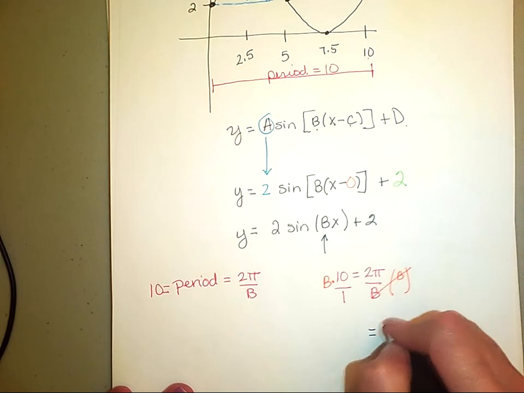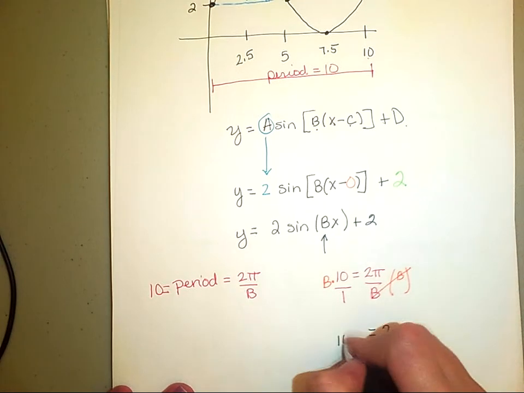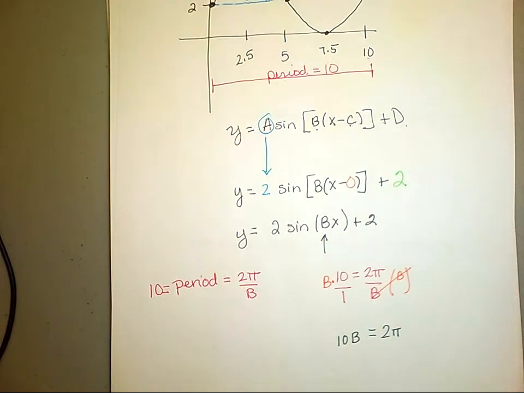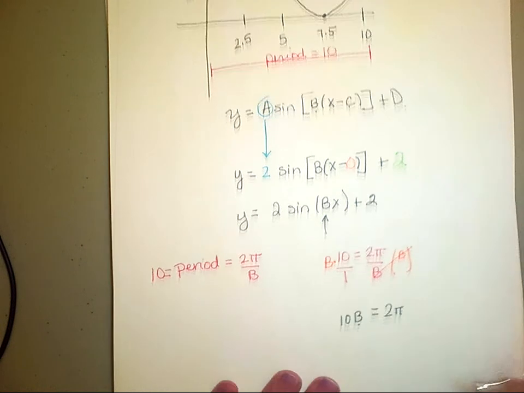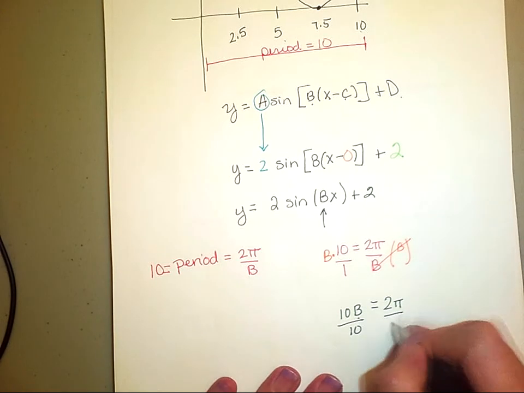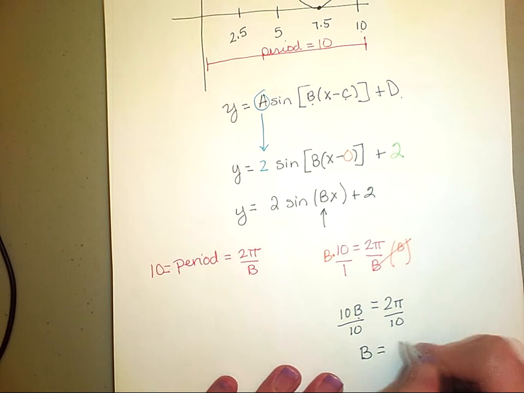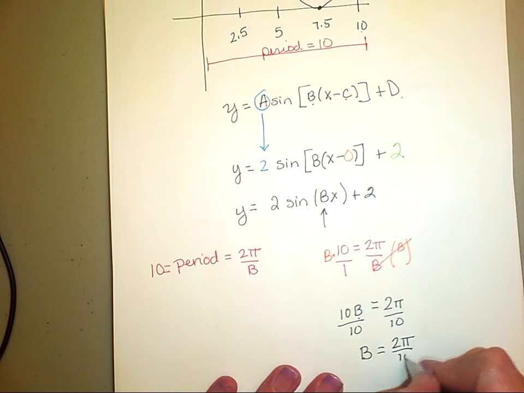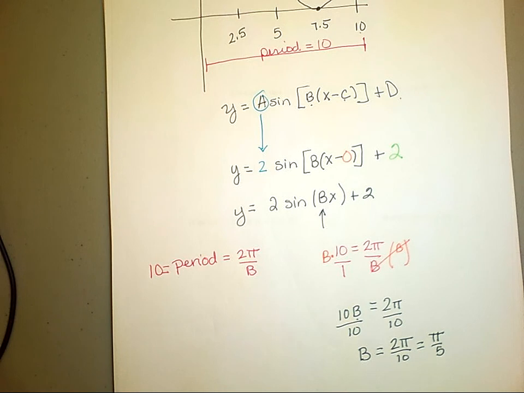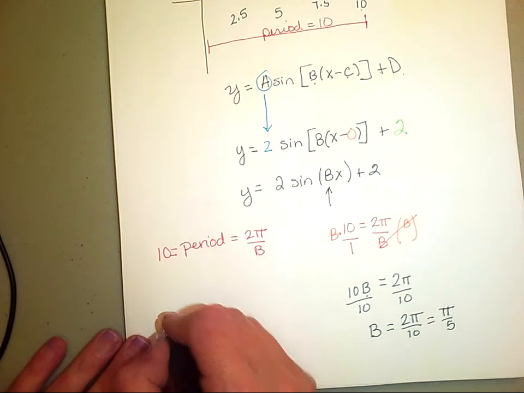On this side we'll have 2 pi is equal to 10b. And remember, we're concerned about what b is. So we'll solve for that and divide by 10. So we get b is equal to 2 pi over 10, which is pi over 5. And so that's it. That's what we substitute back in.